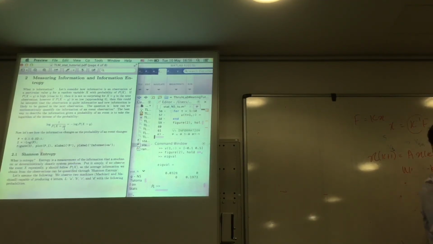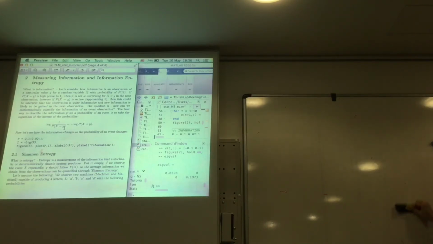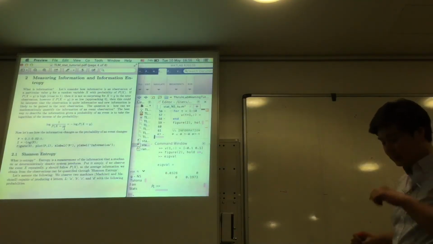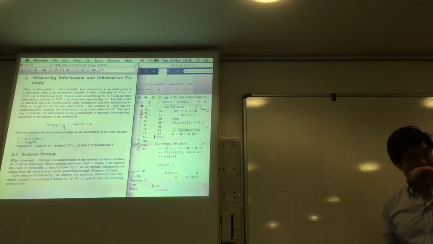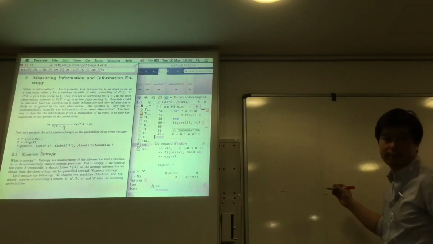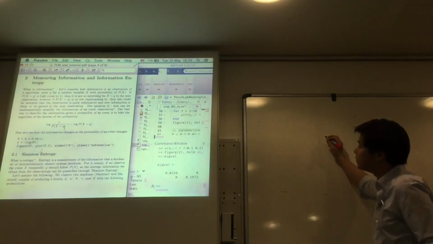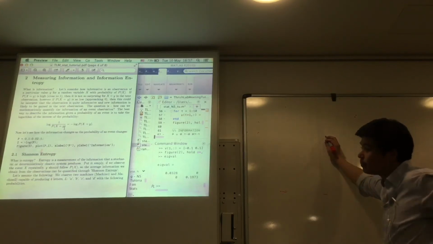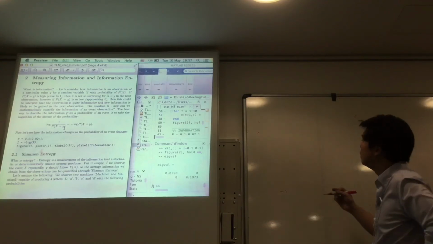And if each new data point does not carry any new information, then there's no point. How to know that? Shannon entropy is quantifying that.